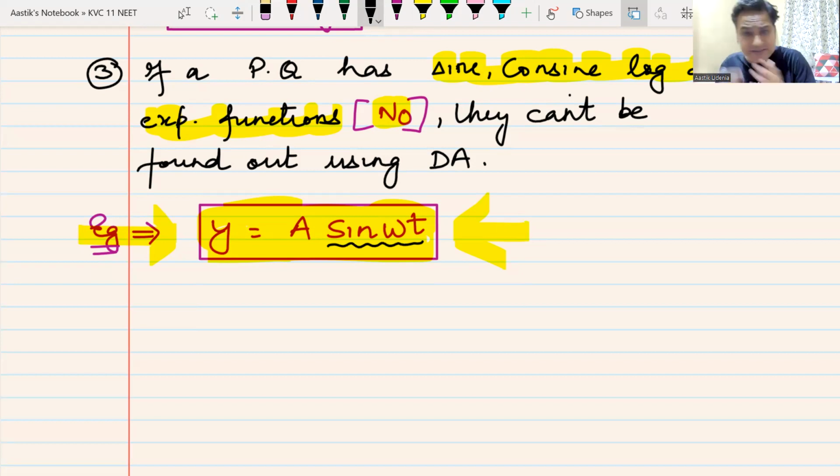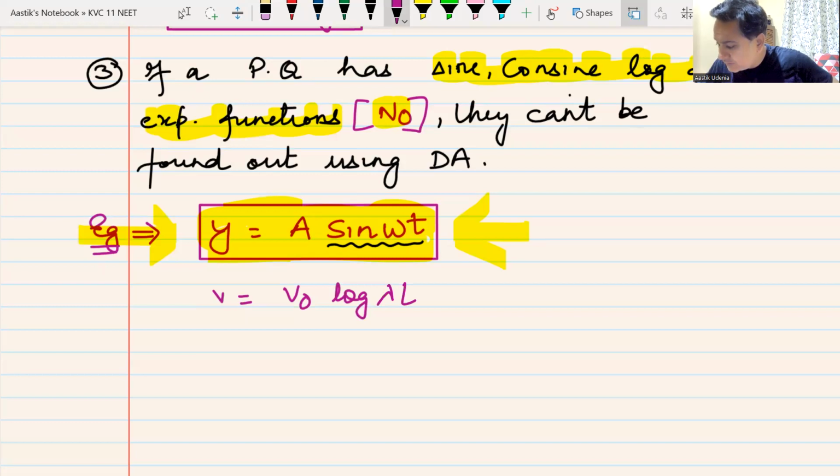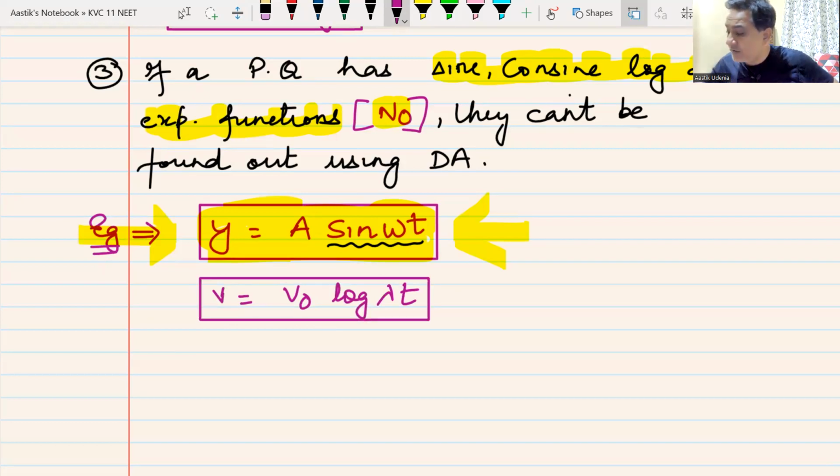Similarly, any formula which has sine, cosine, tan, log, for example, if I had a formula like this, velocity is v naught log of lambda t. Again, this has a log function. We cannot derive this formula using dimensional analysis. Dimensional analysis cannot help us in deriving a formula which has sine, cosine, or any other number.